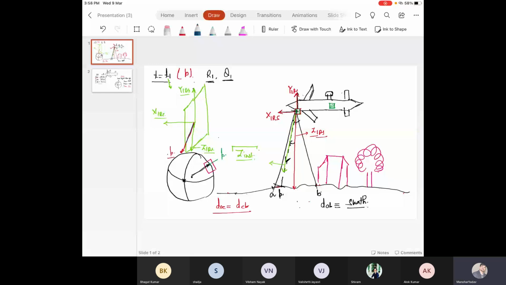We are defining an instantaneous coordinate system where z-axis is along the laser vector at time t1. So that is z instantaneous. So what will happen in that case? The y instantaneous will also be rotated. This will be y instantaneous in the same plane. But there will not be a change in x instantaneous.